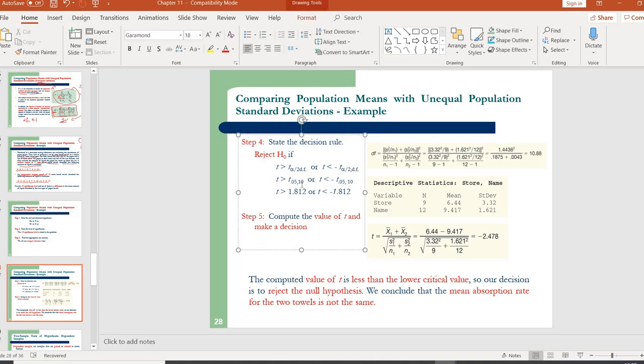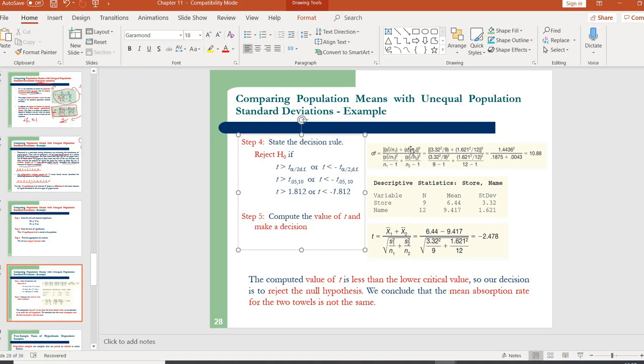So how did we find this degree of freedom? We use the complicated formula I explained to you in order to get the degrees of freedom. We take the sample standard deviation squared divided by n1, that's what we have here, plus the same for sample 2, and you divide by the sum of the squared terms, each divided by n minus 1.